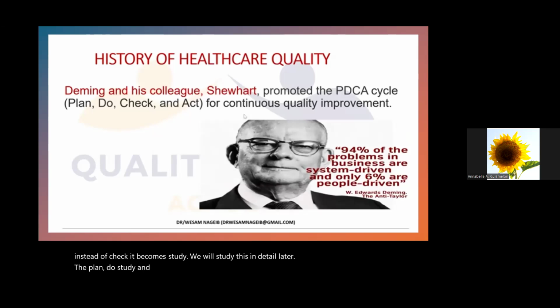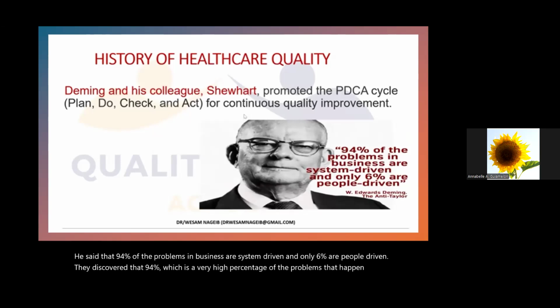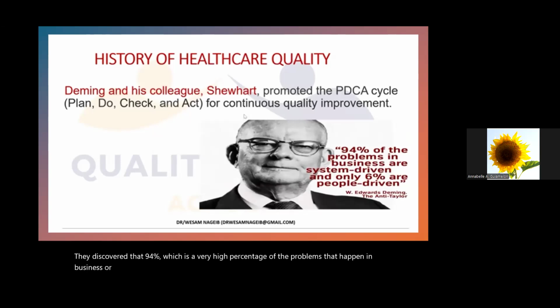Deming also mentioned something interesting. He said that 94% of the problems in business are system driven and only 6% are people driven. They discovered that 94%, which is a very high percentage of the problems that happen in business or processes, are caused by the system.